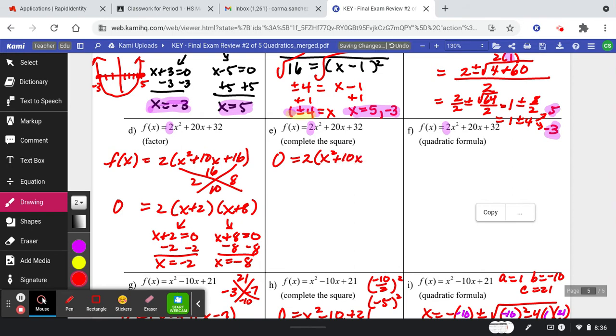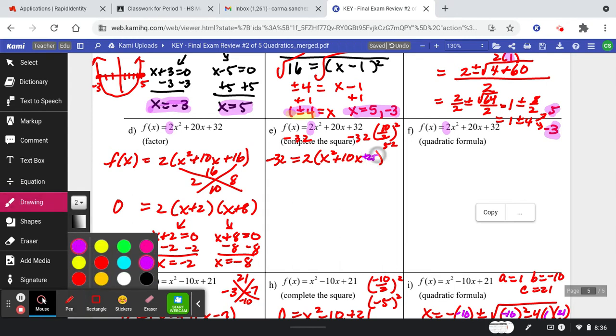Oh, and then we should have subtracted the 32 from both sides for this constant to be on the left. Okay, now take the 10, split it in half. That makes 5 squared. So I'm going to be adding 25 to both sides to complete the square.